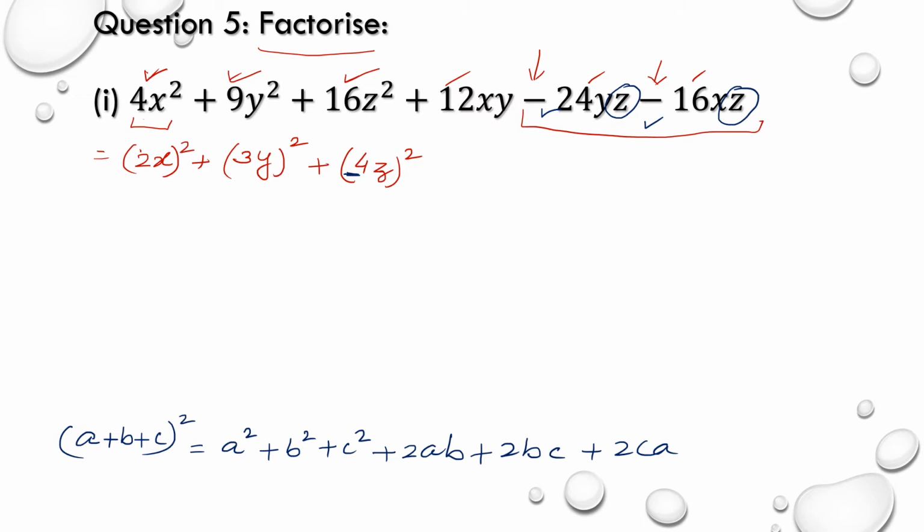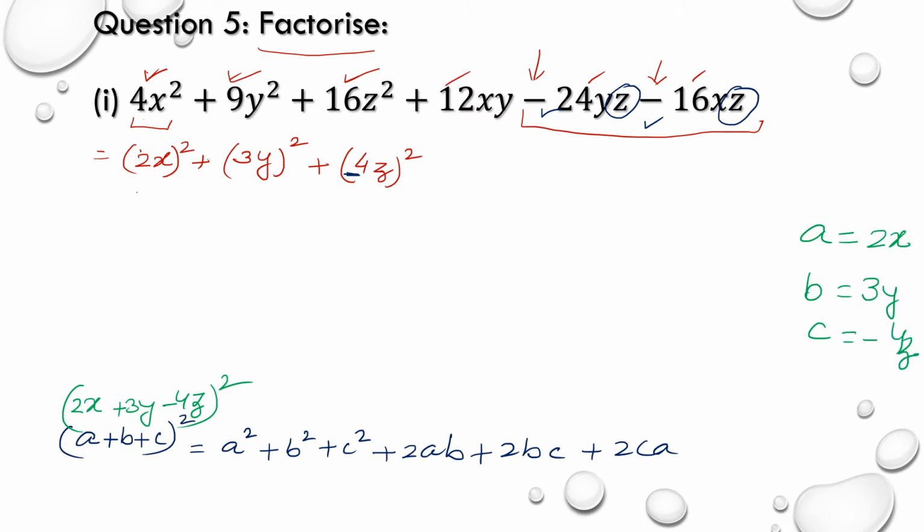So let's compare. In place of a it is 2x, in place of b it is 3y, and in place of c we have minus 4z. If you compare, you can write it in rough work.